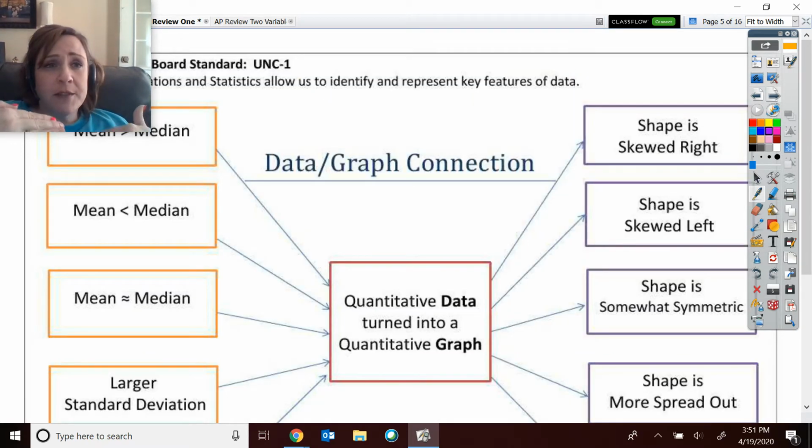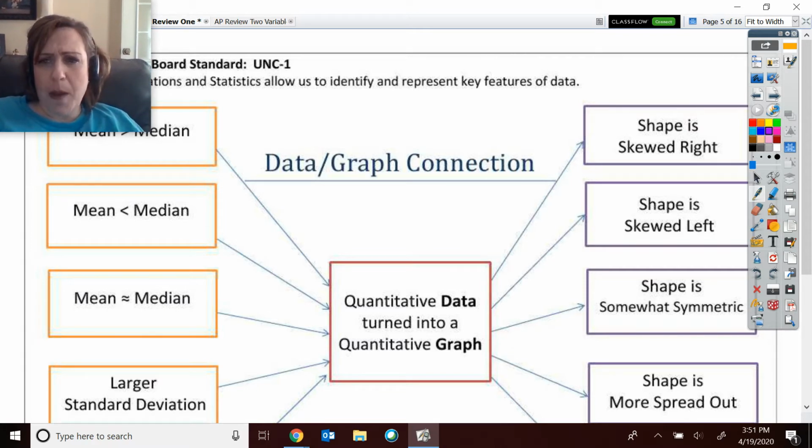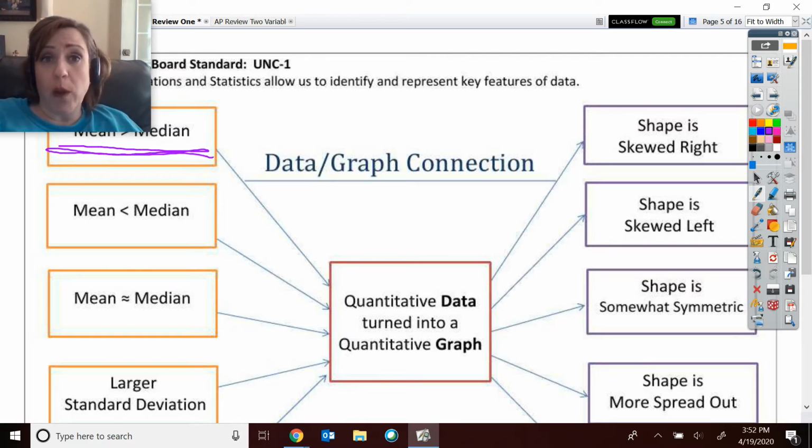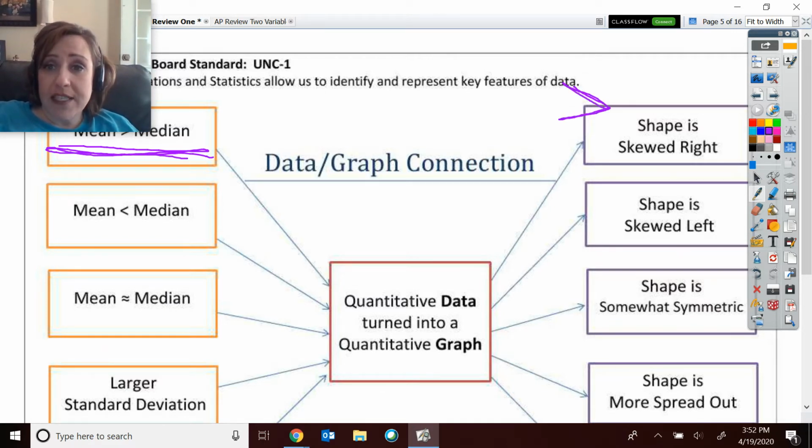Here is another thinking map to remind you about what we know. If we are told that the mean is greater than the median, then I know I have this going on.